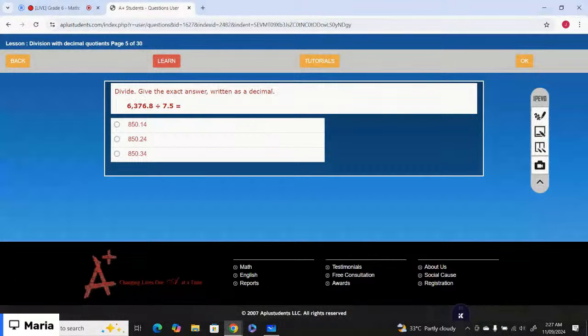The next one is 66,376.8 divided by 75. So which is the correct option?